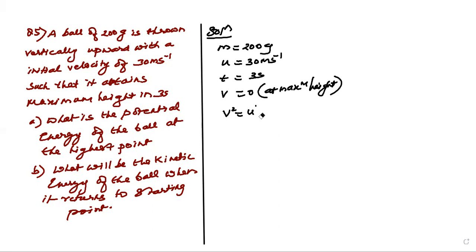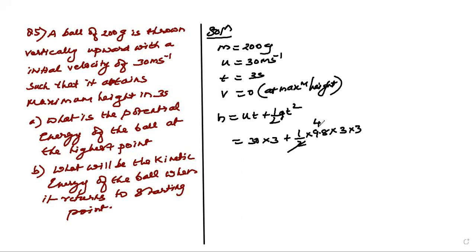The three equations of motion are there, children. Among the three equations of motion, I want H. So naturally, H is equal to UT plus half gT square. So H is equal to U, which is 30, into time 3 seconds, plus half into 9.8 into 3 into 3.